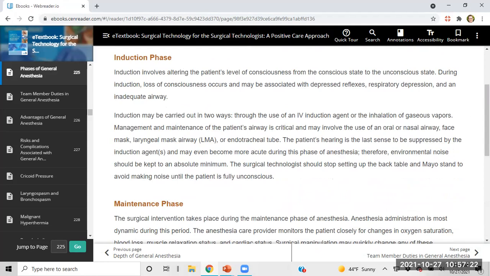This is where they're using the inhalation gases to start that induction. Once that has been obtained, then the ET tube will be inserted, whether it's an LMA or an ET tube. Hearing is the last sense to be suppressed, so it's really important that you're conscious of what you're talking about during this time and keeping your environmental noise to a minimum.